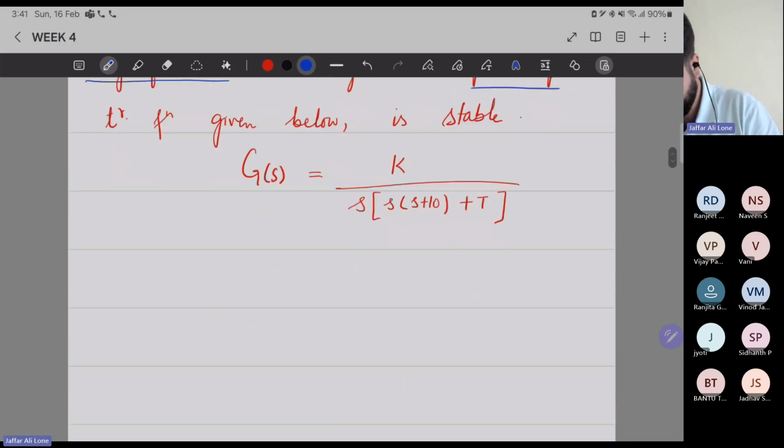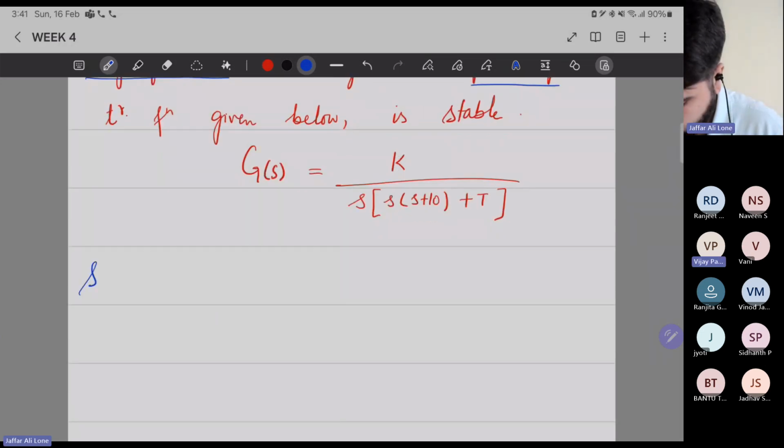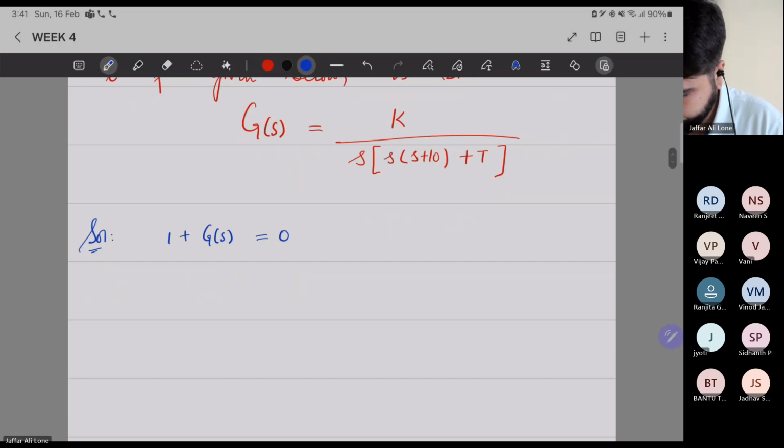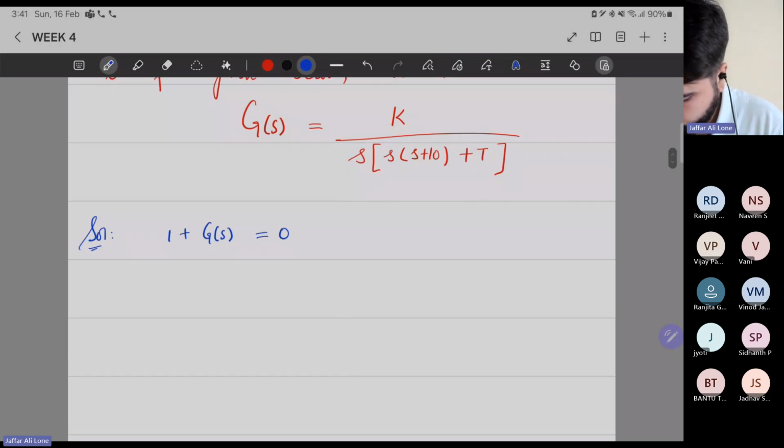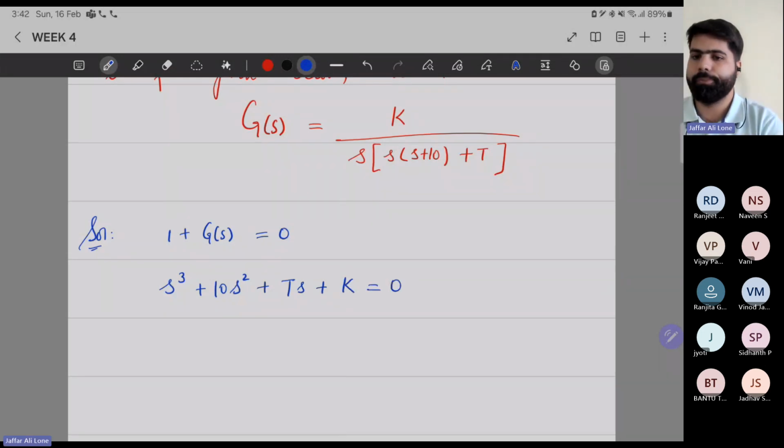So my characteristic equation will be, I'll straight away write, it's a unity feedback, so it is 1 plus G(s) equal to 0. So it will be s cube plus 10 s square plus ts plus k equal to 0.